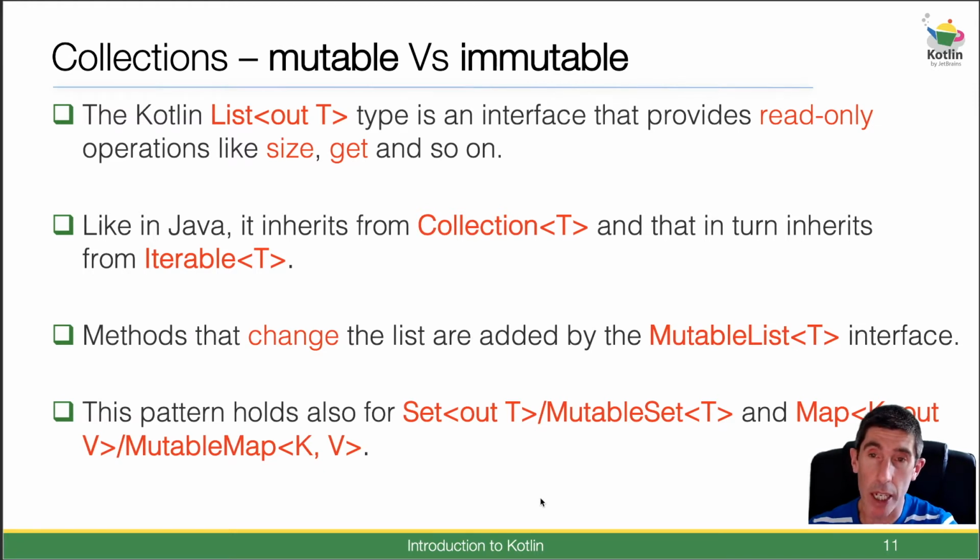That's like your pointer into the collection, and you use that to process your particular collection. Methods that change the list are added by the MutableList interface, and this pattern holds true for sets and mutable sets, maps and mutable maps. So you just decide what information you want held and how you want it looked up.